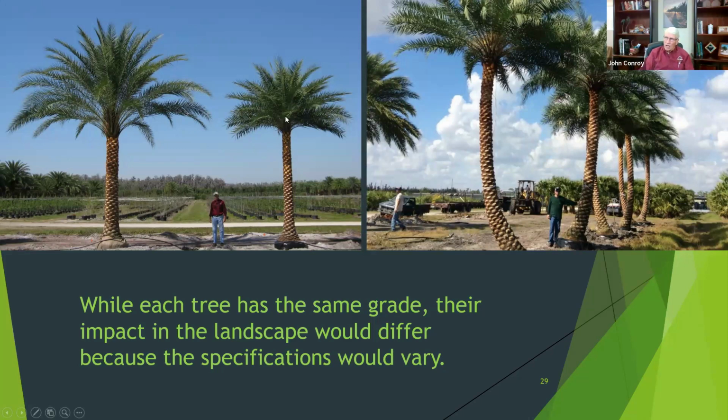And over time, we refined our genetics, so more of our trees are like the one on the left-hand side. The one on the right-hand side, we had a guy that used to, that's all he ever wanted. He would come and he would hand select those that had more narrow canopies.